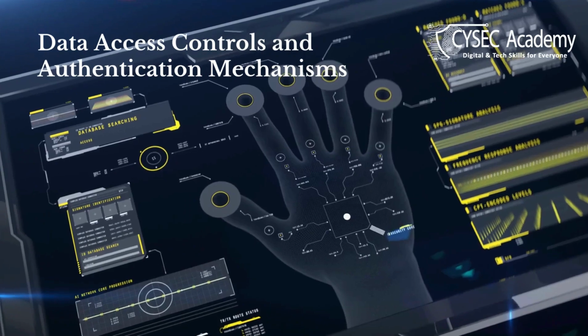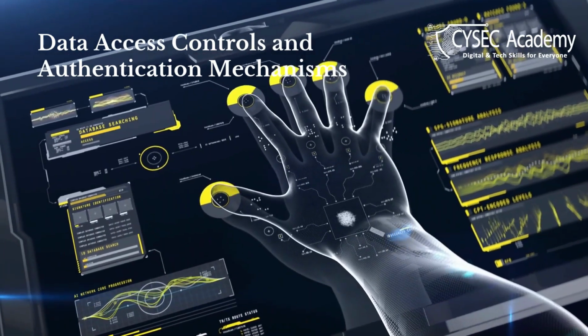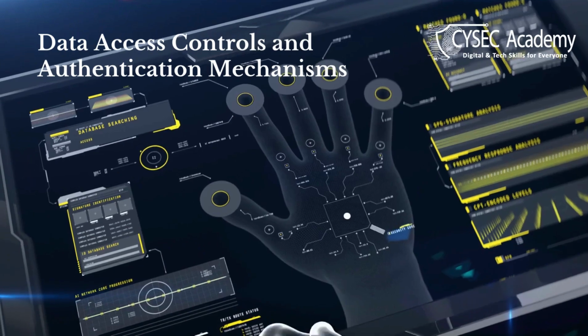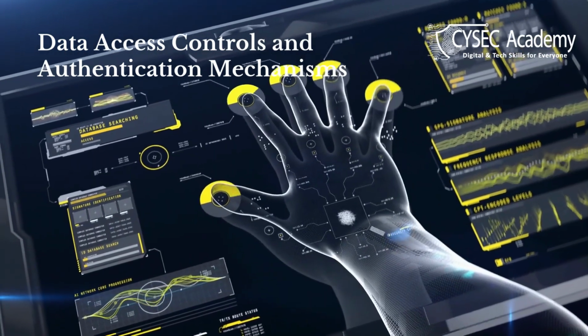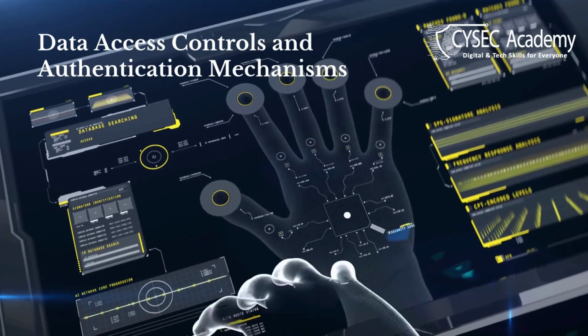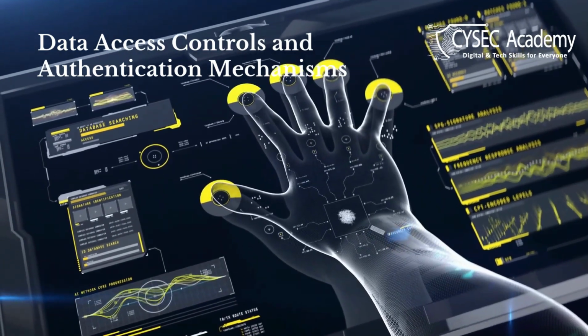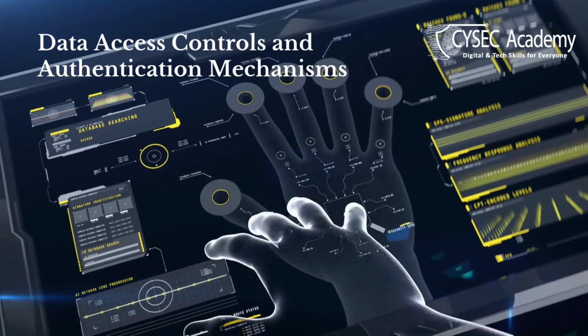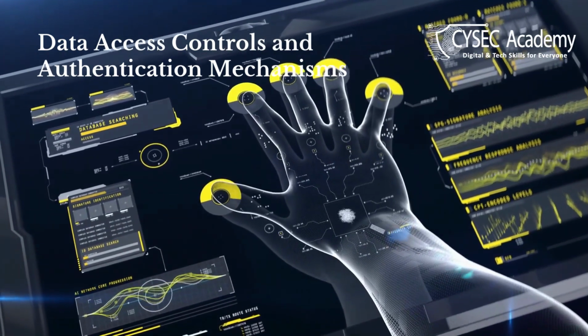This could include: 1. Something you are, like a fingerprint. 2. Something you know, like a password. 3. Something you have, like a mobile device. Using strong access controls and MFA ensures only authorized users access sensitive data, boosting security, trust, and compliance.